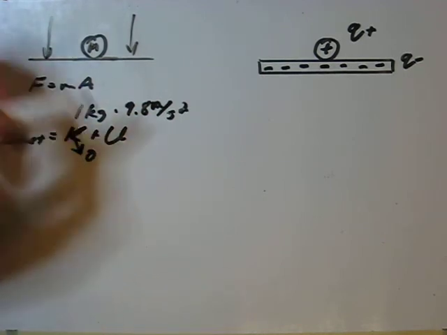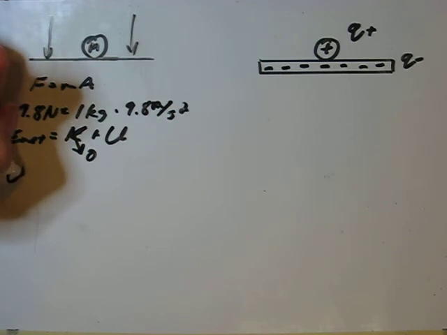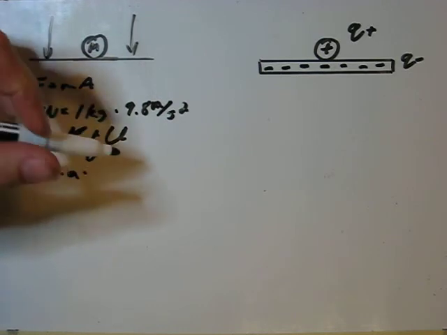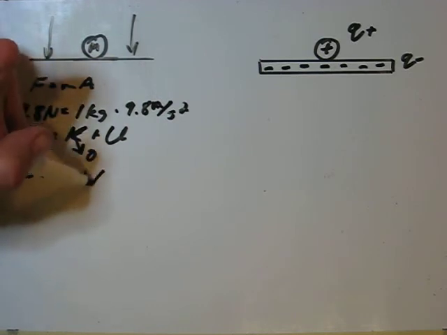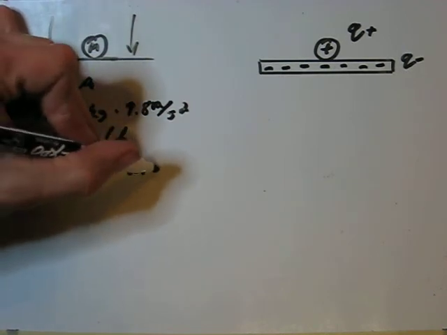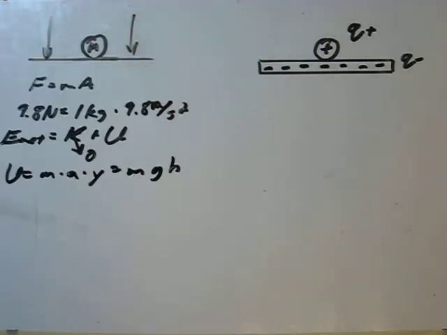And then our potential was the mass times the acceleration times the distance, or more frequently you'll see it mgh. So that's how we calculate potential energy over here.